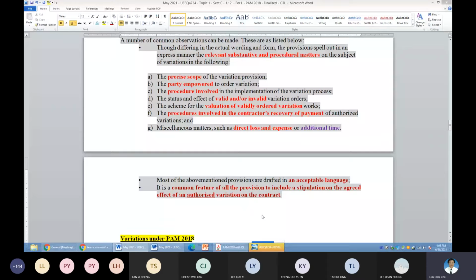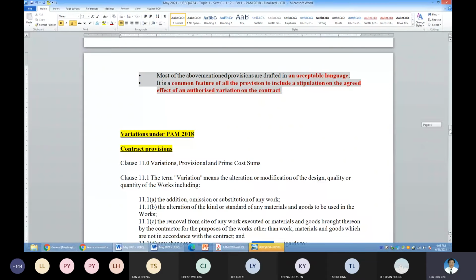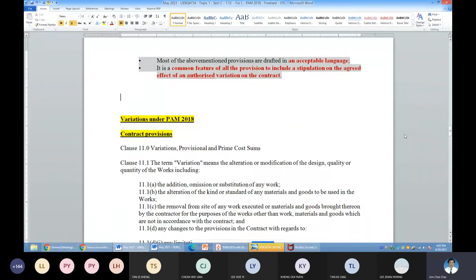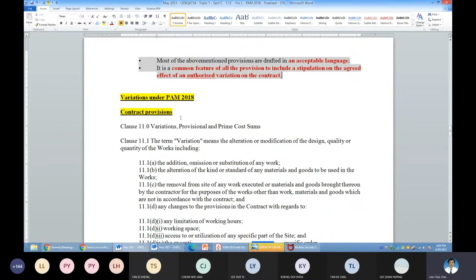Okay, now we proceed on to the relevant provisions under PAM 2018 in relation to VO. So first of all, you look at clause 11. It's a general provision. It's a heading related to variation. And then these two big words here, provisional and prime costs.